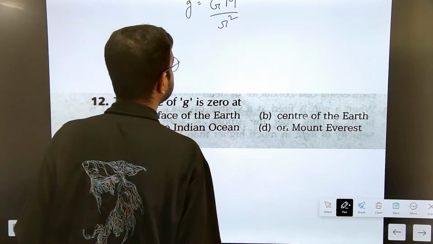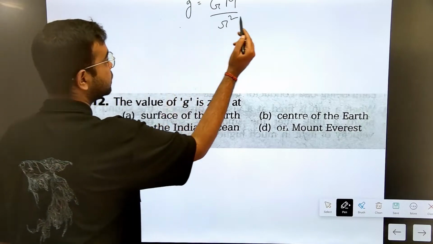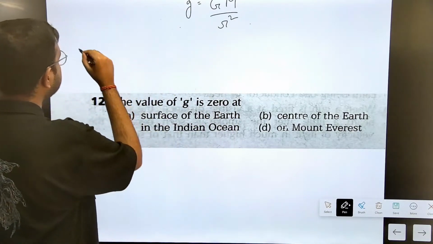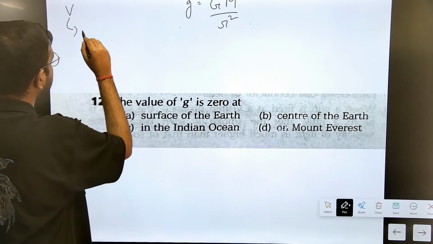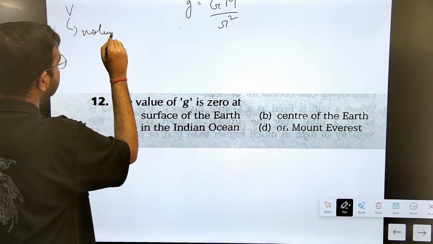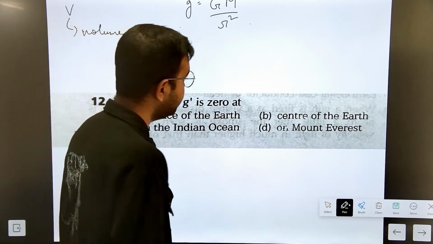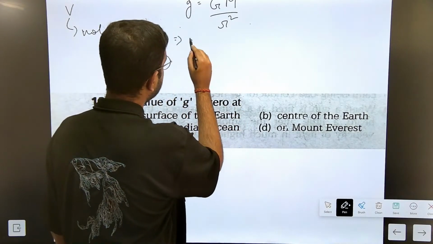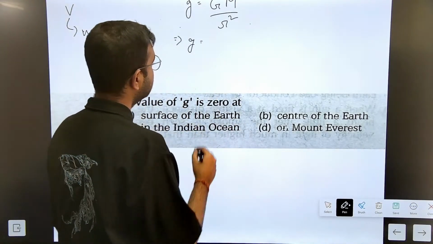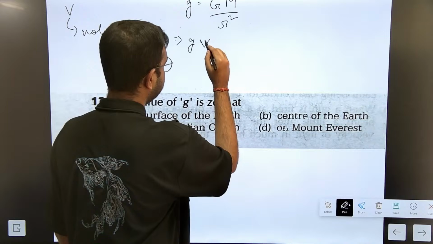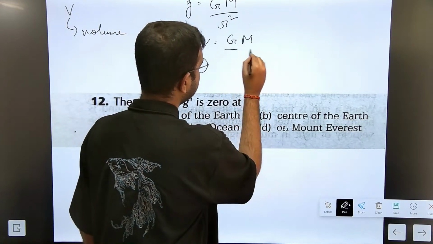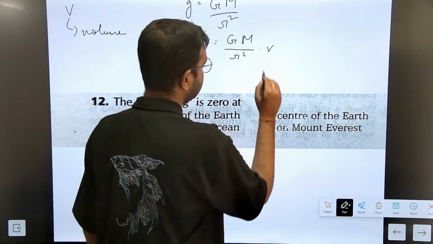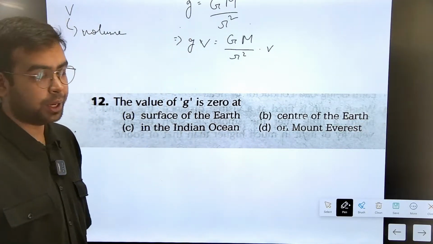Let us multiply both sides with a variable V. V is nothing but the volume. Okay. g into V equal to GM by r square into V. Okay, this is what we get.